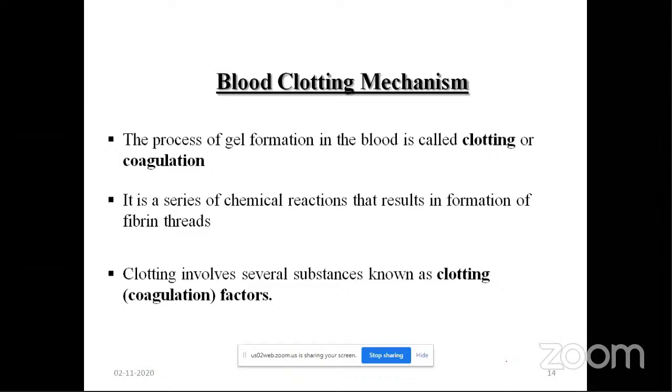Now these fibrin threads polymerize and form a mesh-like network to seal the opening, and this process is called clotting.